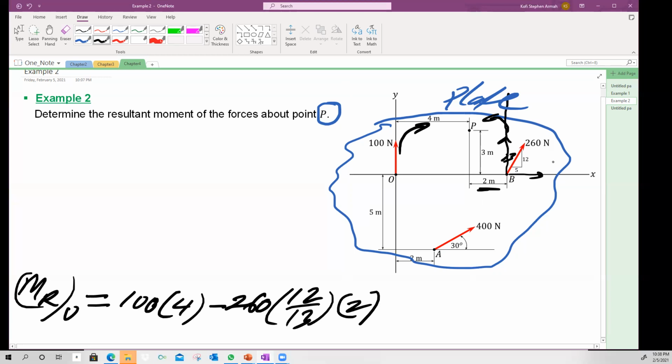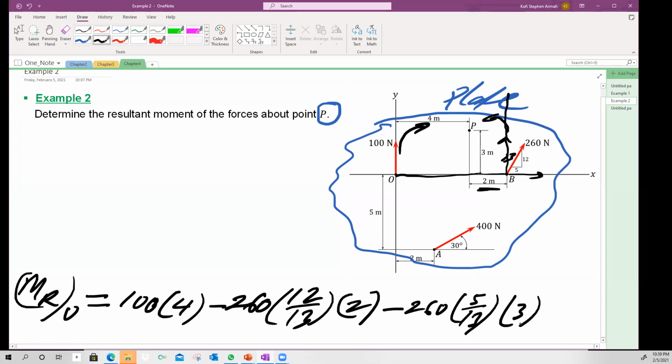If you put your finger here, it's also going to turn it in almost the same direction, so this is also minus. So it's minus 260 times 5 over 13, and the perpendicular distance is 3, because from the line of action to here is the perpendicular distance, which is 3.